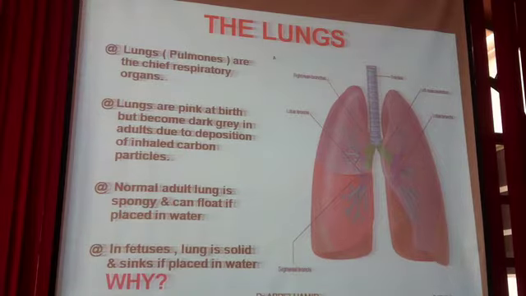If this lung sinks in the bottom, go back to your room. But if this lung is floating on the surface, then the baby was alive. That's right. So she killed the baby after he was born alive.